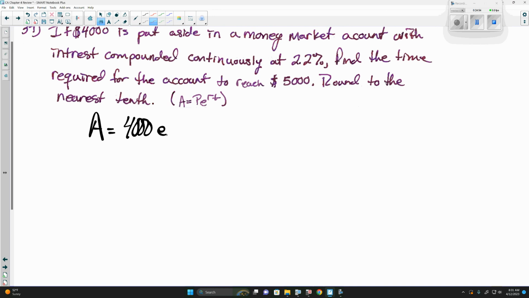Our rate's given to us, and we have to put it as a decimal. This time we are indeed looking for t, not r. So the amount equals 4,000 e to the 0.022t. We're trying to see when the amount is 5,000.